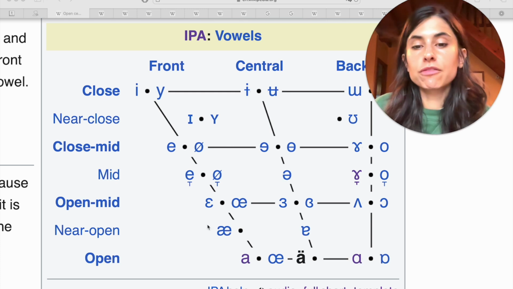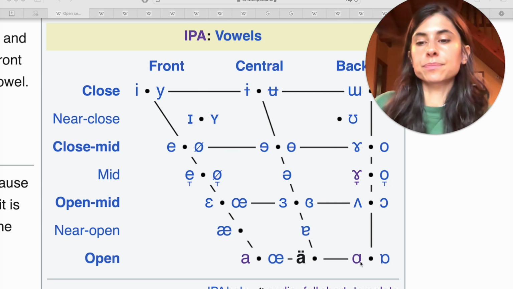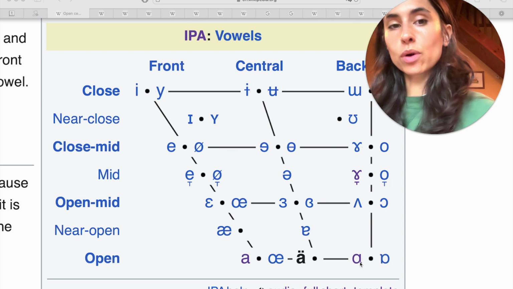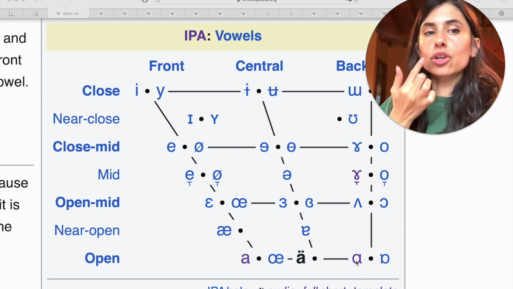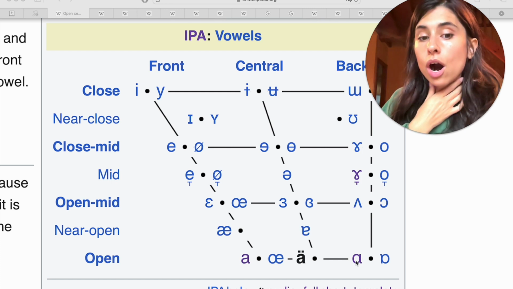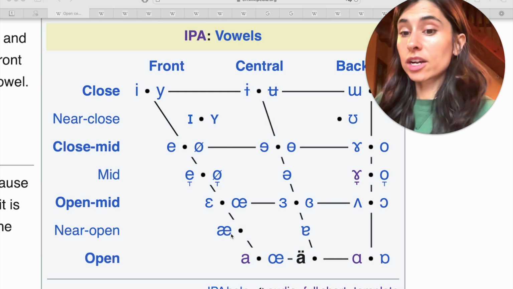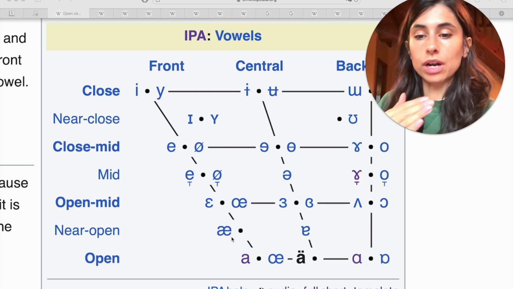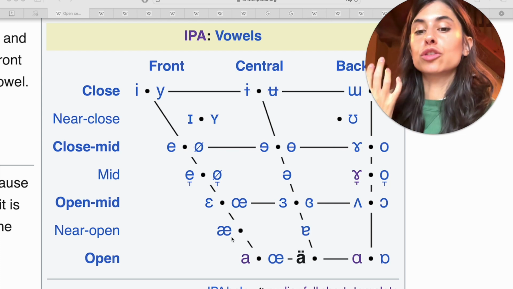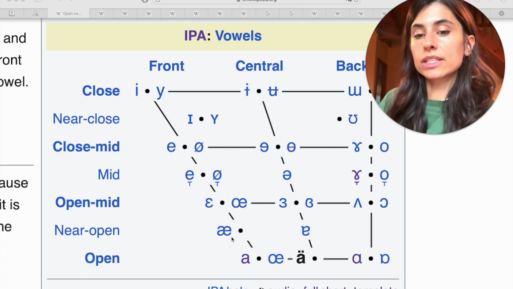Okay, so the difference between this one and this one is that while this one is completely at the back, and your lips are rounded, bar, this one is at the very front and it's unrounded. Your lips are not rounded. So you need to push your tongue forward.